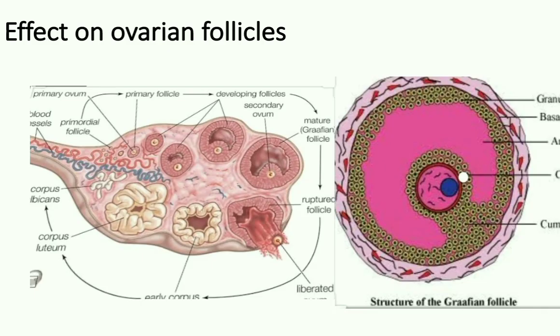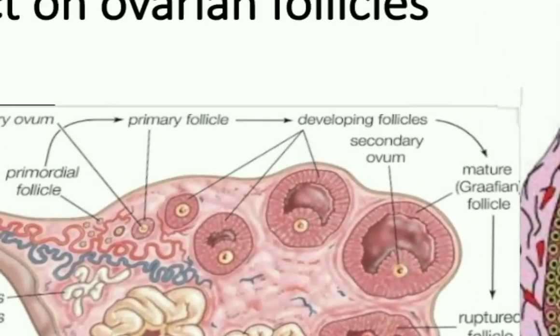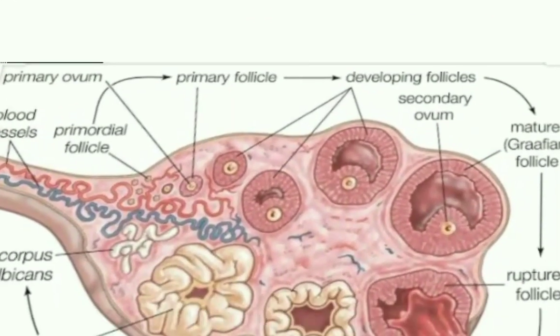So first we will discuss the effect on the ovarian follicle. Estrogen promotes the growth of the ovarian follicle by increasing the proliferation of follicular cells. The follicles increase in size. Gradually, the follicle gets nourishment from the estrogen.